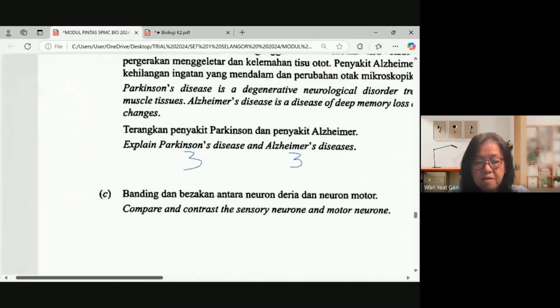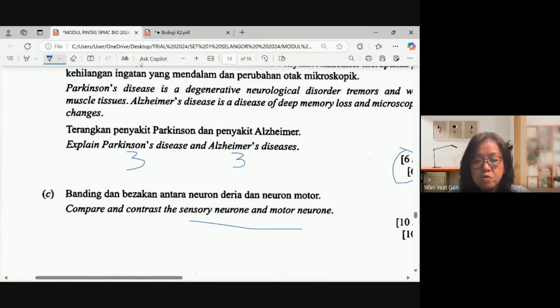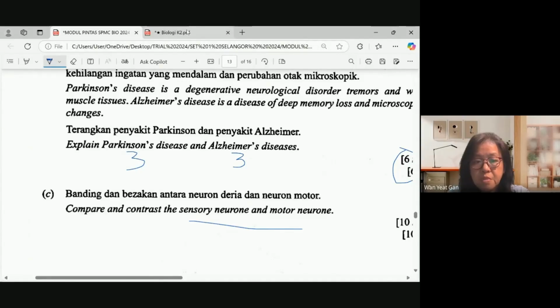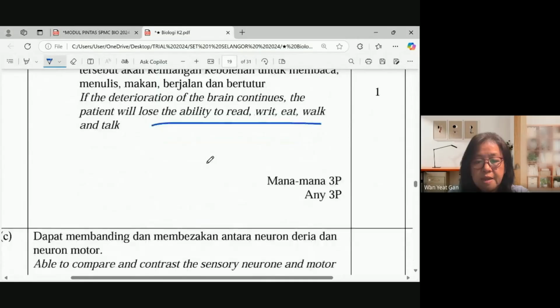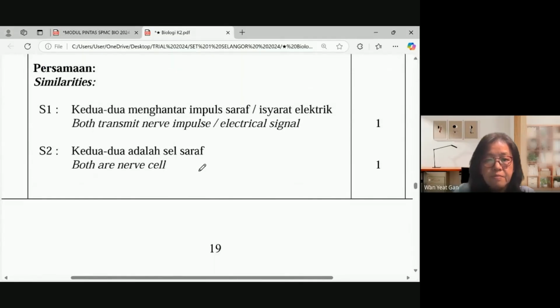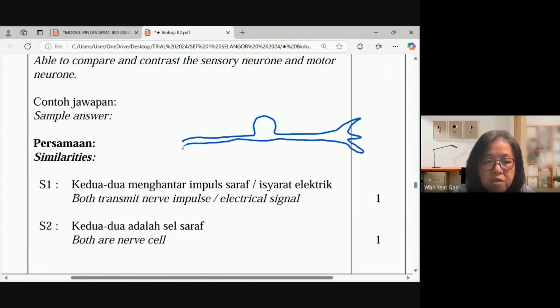Okay, part C, compare and contrast the sensory neuron and the motor neuron. Now, sensory neuron has the cell body found in the middle. So sensory neuron transmits nerve impulse from the receptor to the relay neuron.